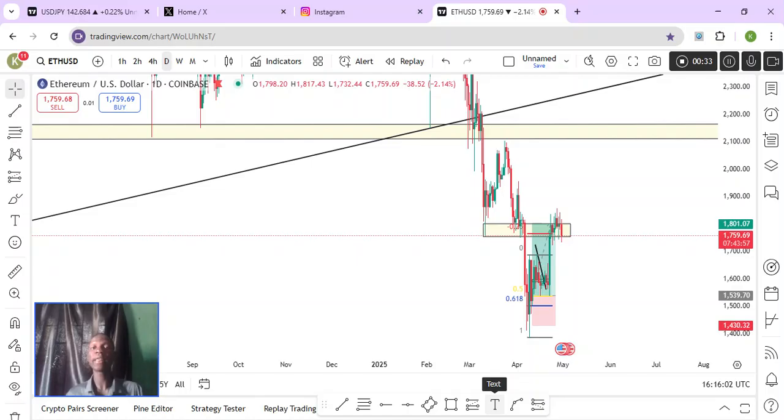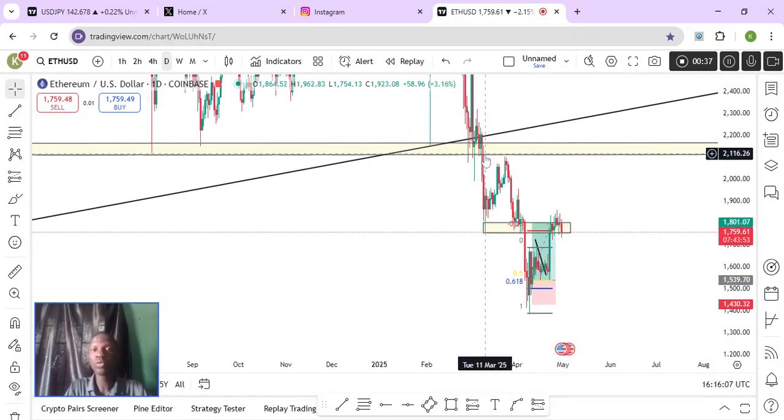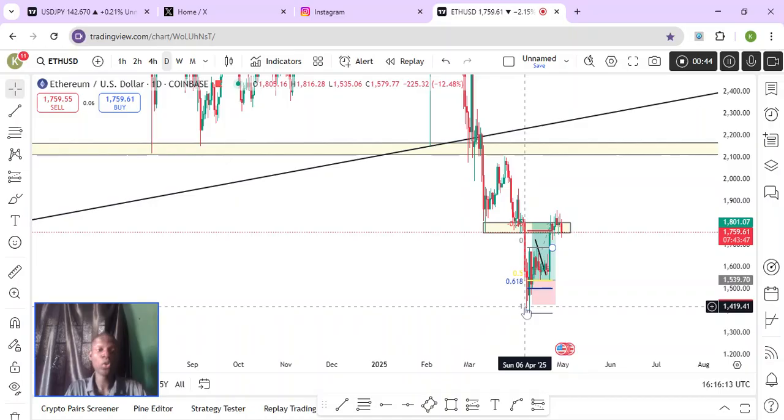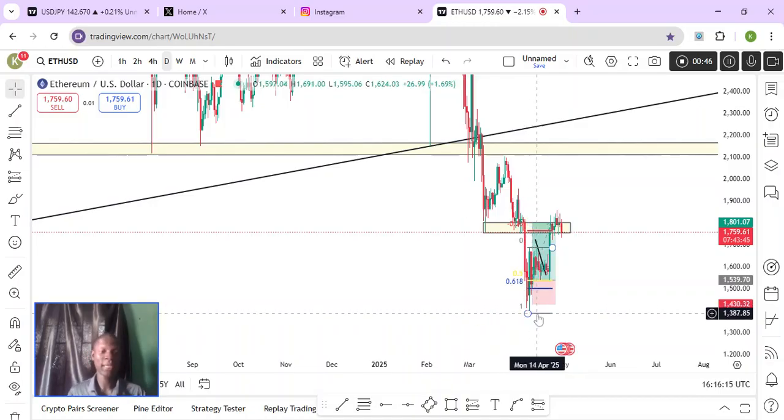On Ethereum USD, as I was saying, if we look closely, this is a lower low, lower high. This is a lower low. So when the market was here, I said the market is going to follow the market structure. Since the market has formed a lower low, it must come to give us a lower high.